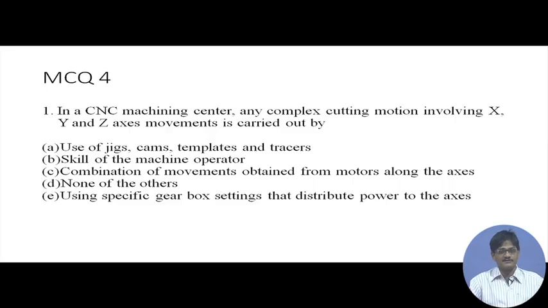None of the others. And last of all, using specific gearbox settings that distribute power to the axis. So, this means that if I am having a motor, from that motor I am deriving power, and through a gearbox maybe I am giving a particular RPM to x, that RPM multiplied by 2 to y, and that RPM multiplied by 3 to z.